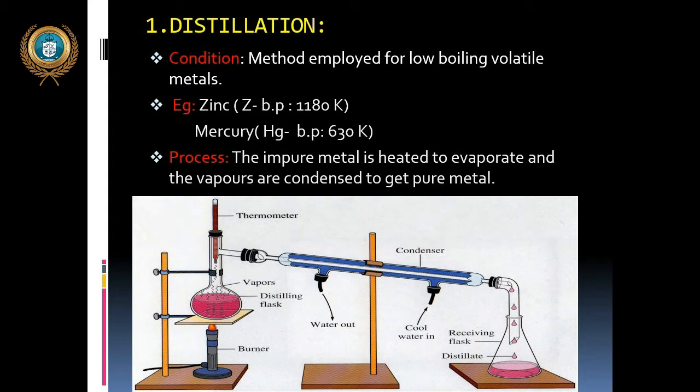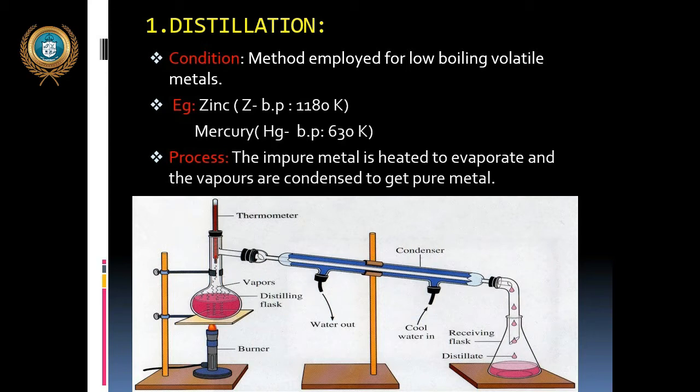If we want to take a metal for distillation, it should be a low boiling volatile metal, which means the metal we take, when heated slightly and its boiling point is reached, will convert to a volatile form, which means it has to change into the vapor state. Such types of metals we can refine by using the distillation method.